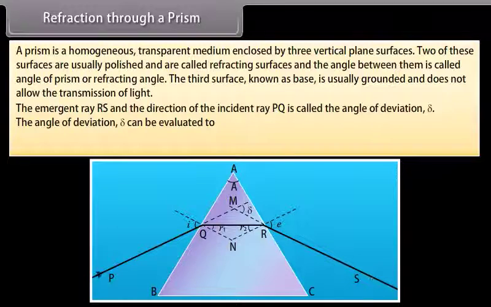The angle of deviation delta can be evaluated as delta equals i plus e minus A.